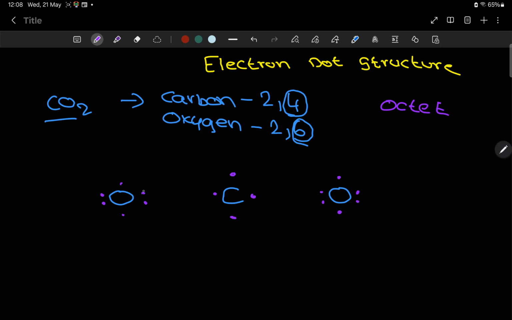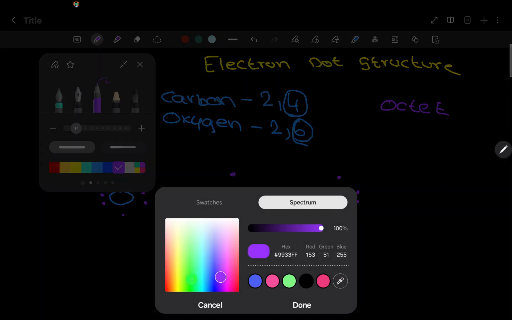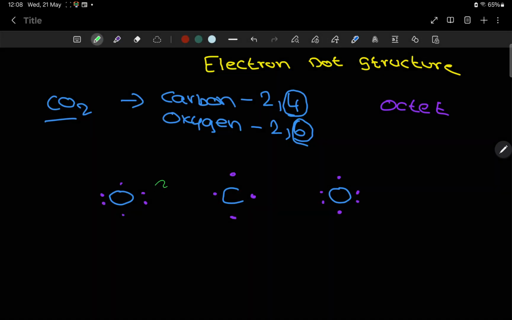So it takes 2 electrons from this oxygen atom and 2 electrons from this oxygen atom, and it shares them.